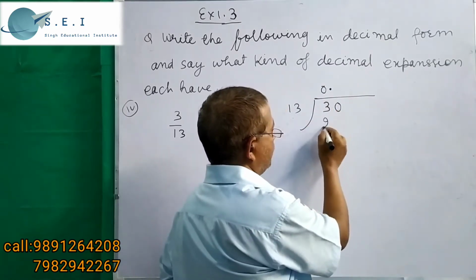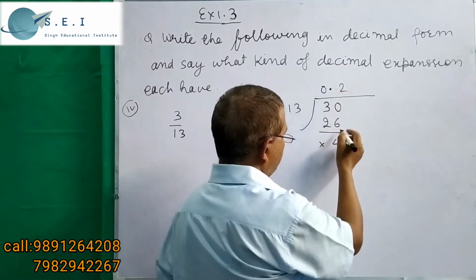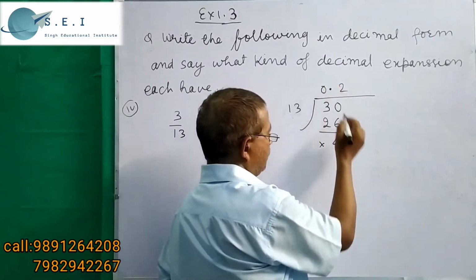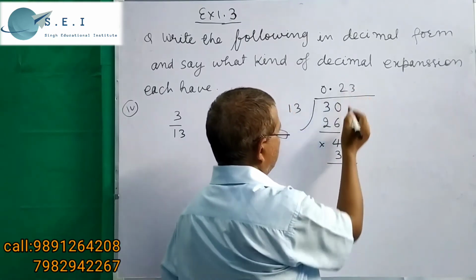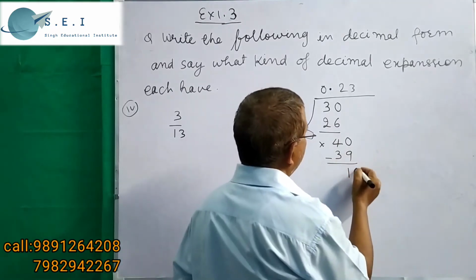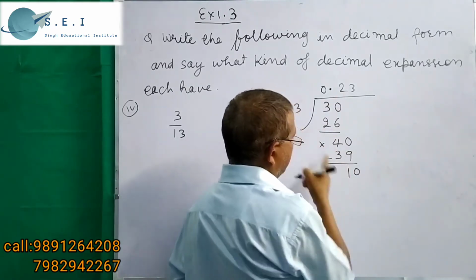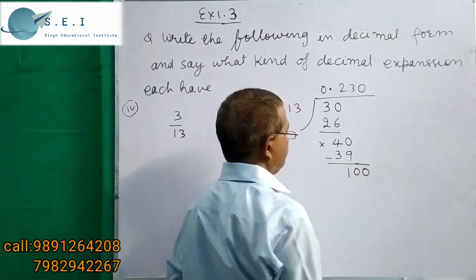So 13 2s are 26. Subtract it, 4, and put this 0. 13 3s are 39. Subtract it. The remainder is 1. Again put 0, which is lesser than 13. 10 is lesser than 13. Therefore put 0 again and write one more 0.